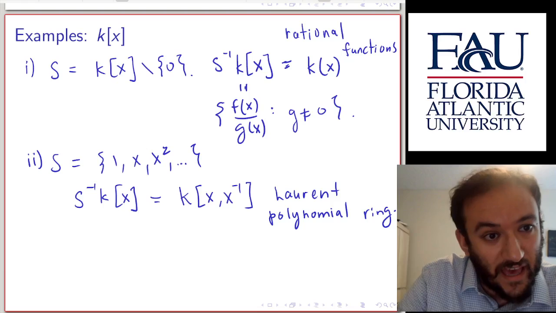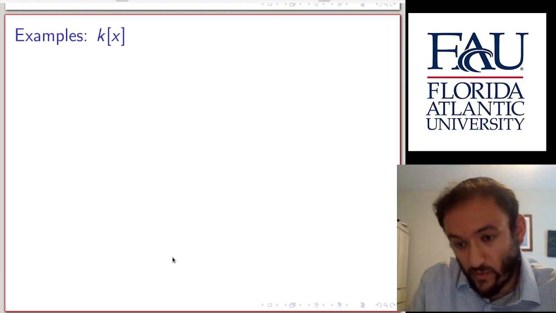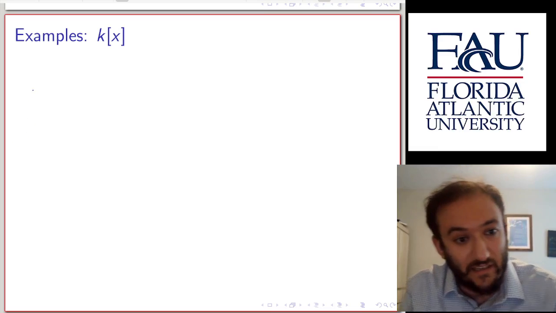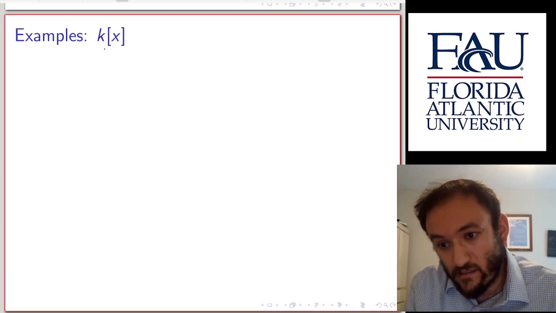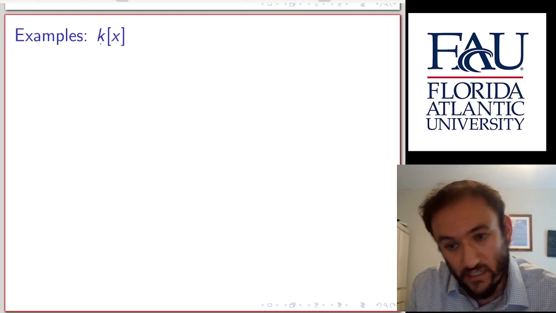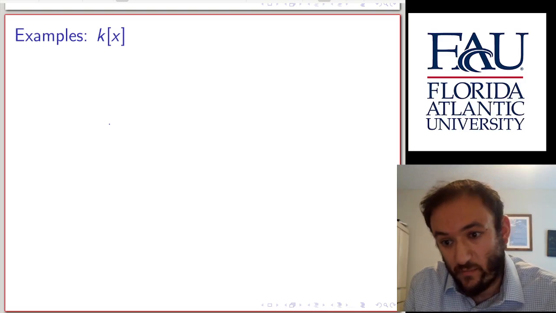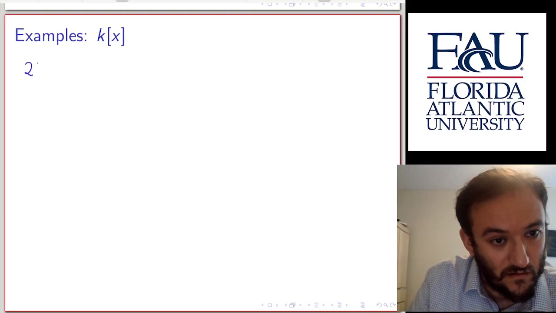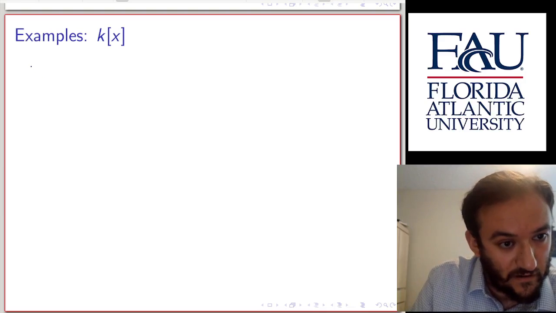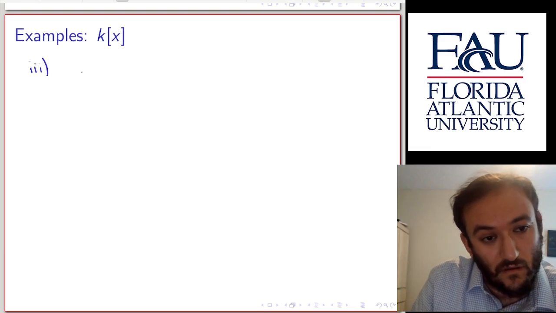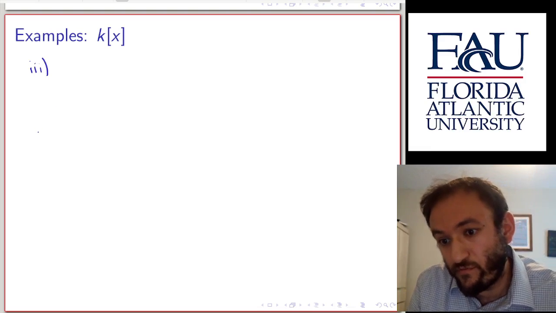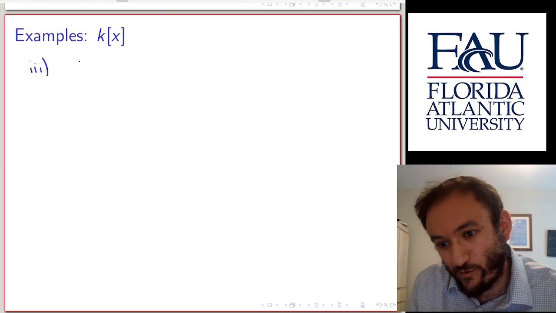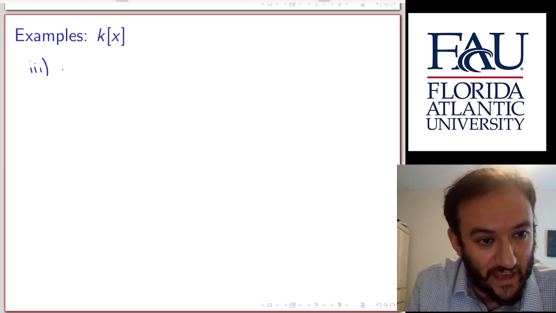And just as we had with the integers, we can also do with the ring of polynomials: we can take the complement of a prime ideal. Obviously, the prime ideals here, besides 0, which we already discussed, are the maximal ideals. So let's take the complement of some maximal ideal. The easiest one to do is just the ideal generated by x.